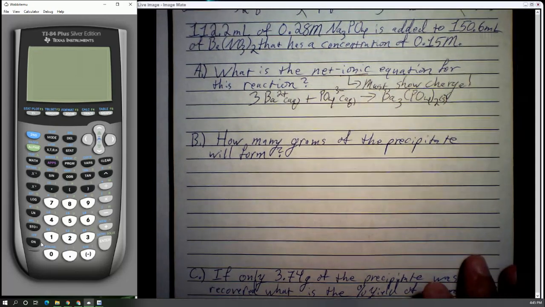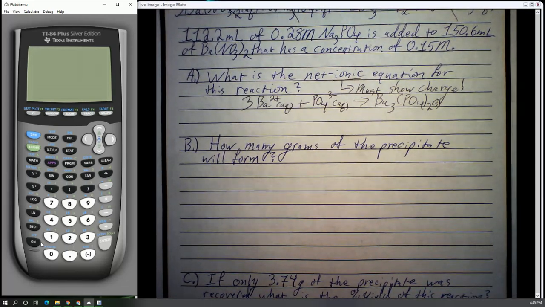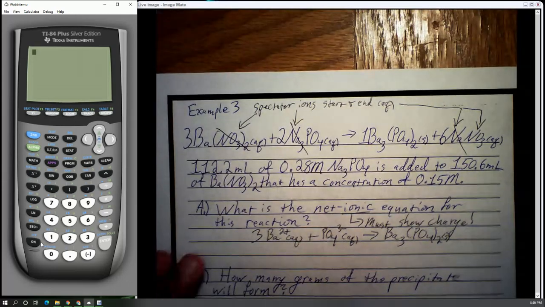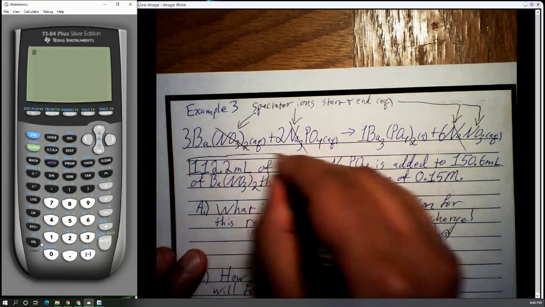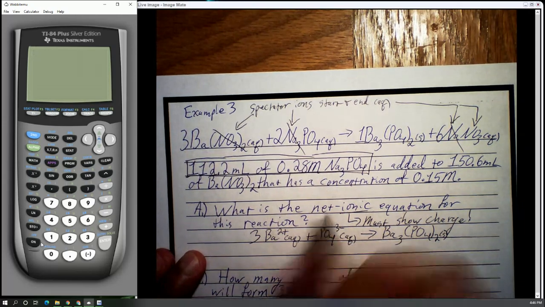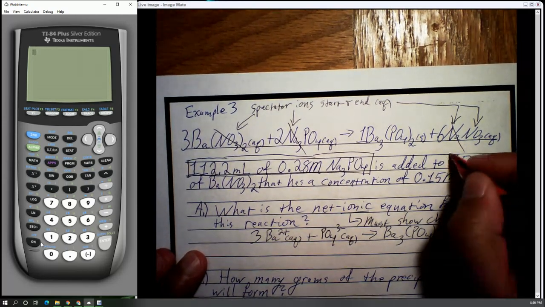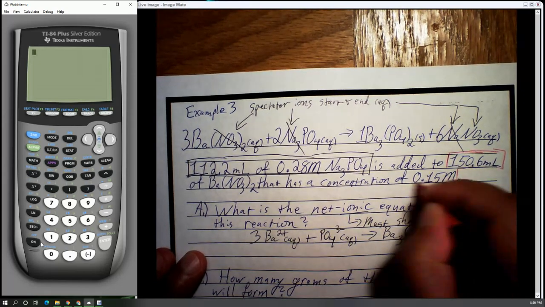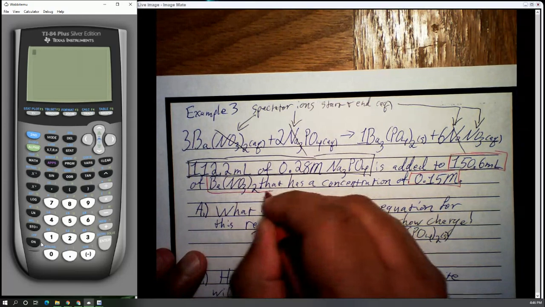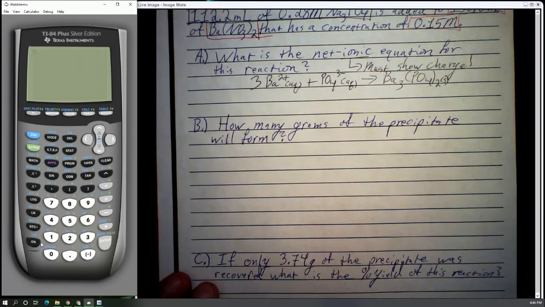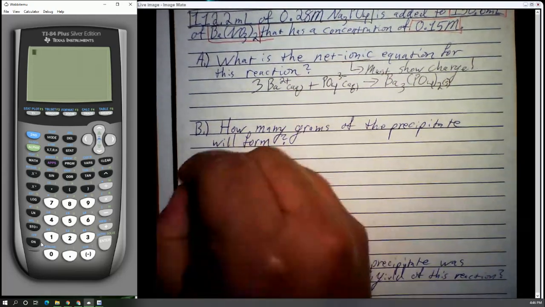Okay, so the question is, how many grams of the precipitate will form? So again, we have information about our 2 reactants. So it's going to be a limiting reactant problem. So we'll convert it to moles of our precipitate. Now, we start with milliliters, so we need to convert those to liters to begin with.